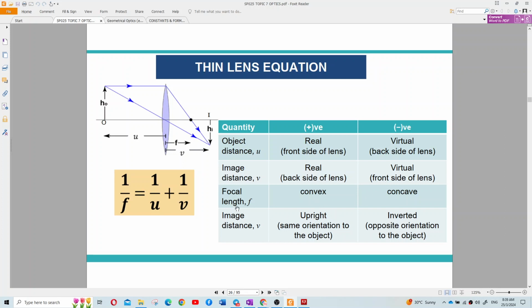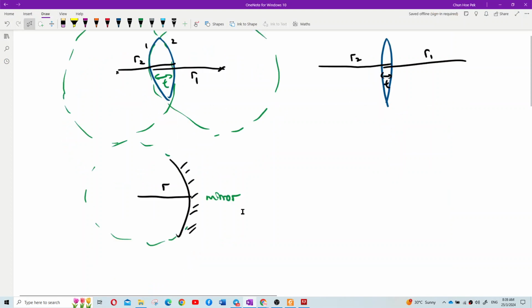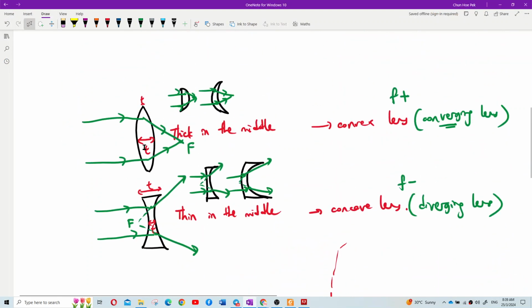Focal length: convex lens is converging, isn't it? Converging, so positive f. Concave lens is negative f. Remember I told you about this one? Convex lenses are all converging lenses, they focus light. Concave lenses are all diverging, f negative.